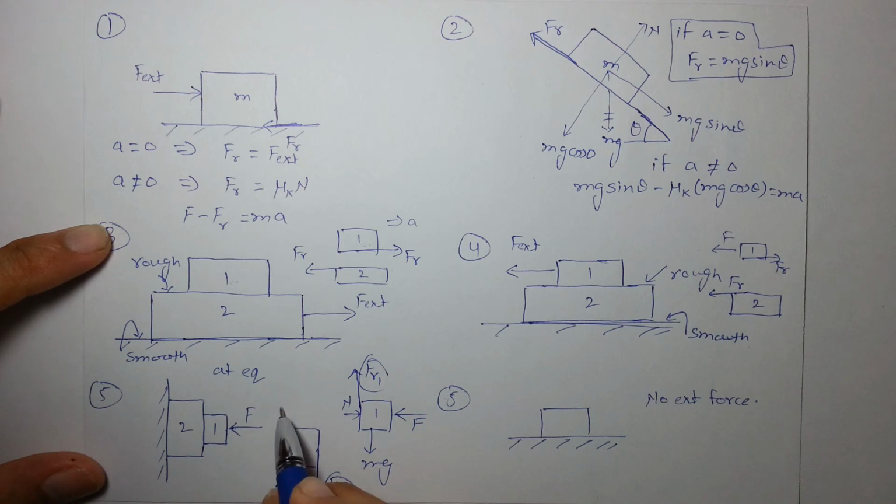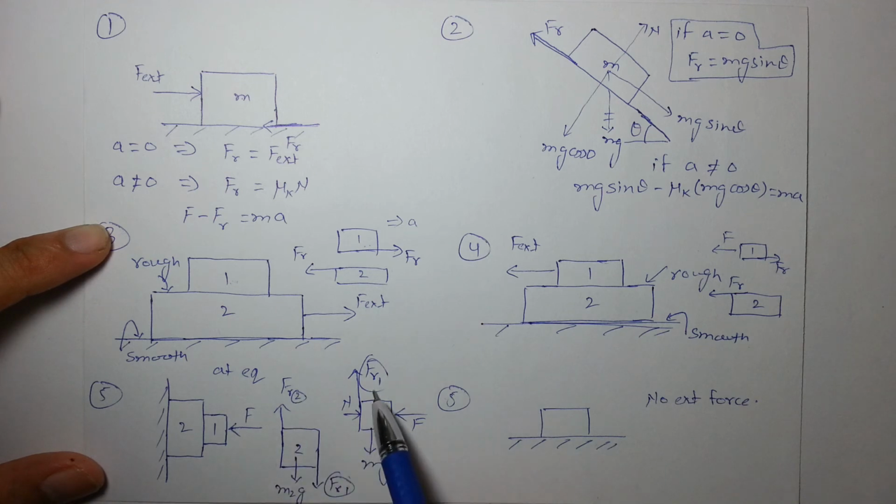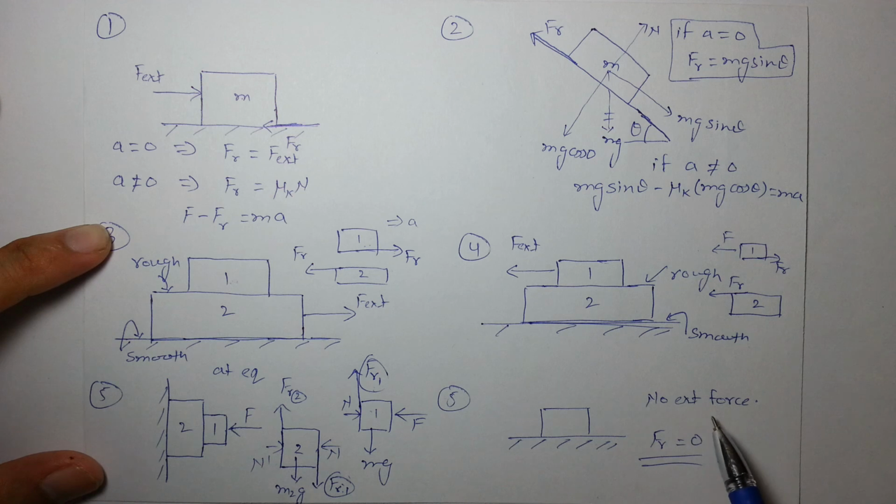So the friction from the wall must be in the upward direction on 2. These two frictions are an action-reaction pair, on 1 by 2 and on 2 by 1. They must be equal and opposite, and there will be normal reactions N and N dash, both equal. If there is no external force, obviously the friction will be 0, because in the absence of force the block has no tendency to move or slip, so friction will not act. Okay, enjoy.